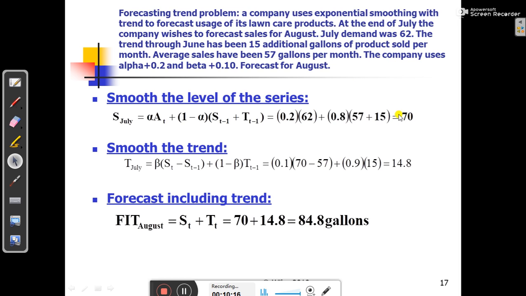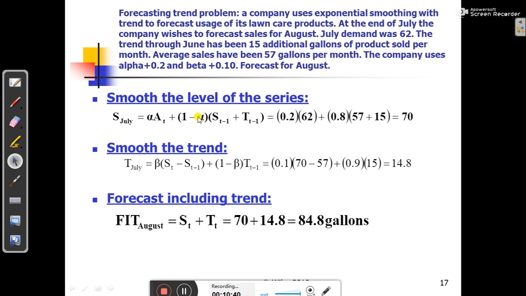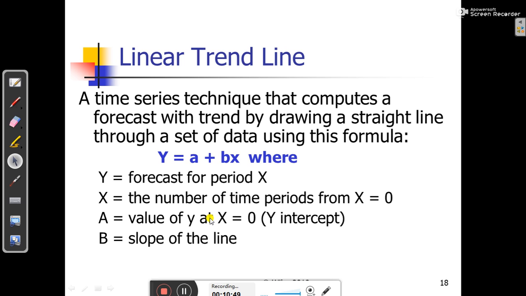So that level is 70 and the smoothed trend is 14.8, and when you sum those up, there is a forecast including the trend. That is the ultimate forecasting value for August. So try to understand this one. If you are confused, please let me know, and I'll give some more explanation if you have a problem understanding.